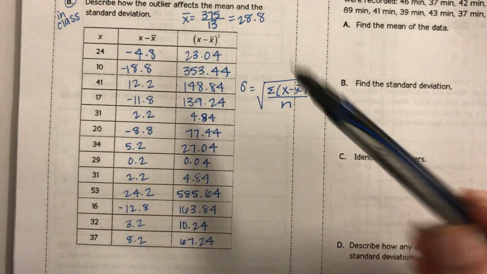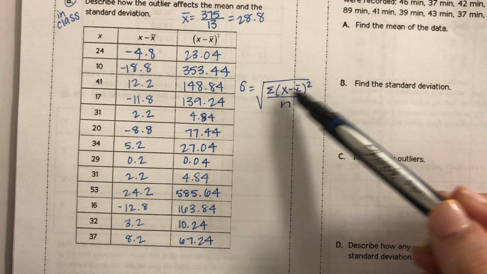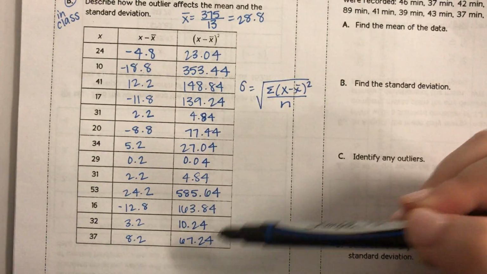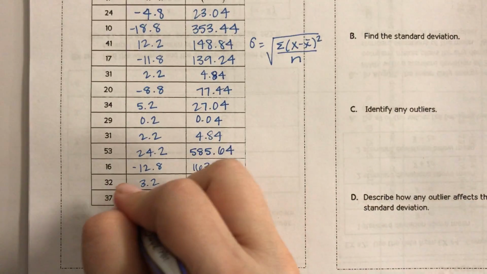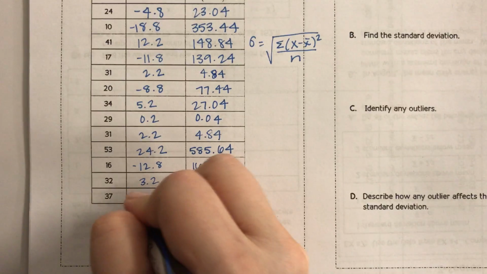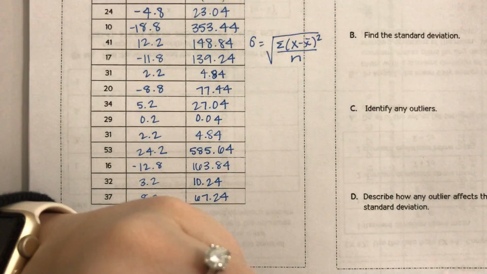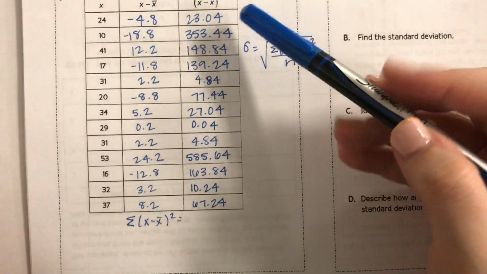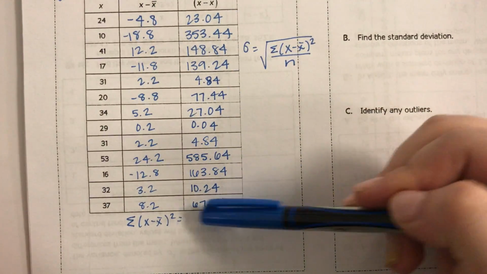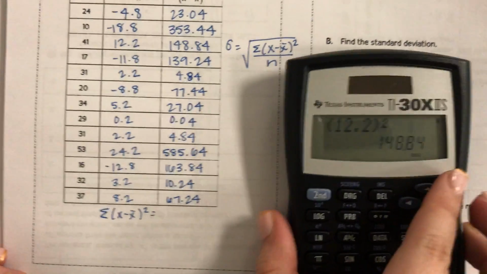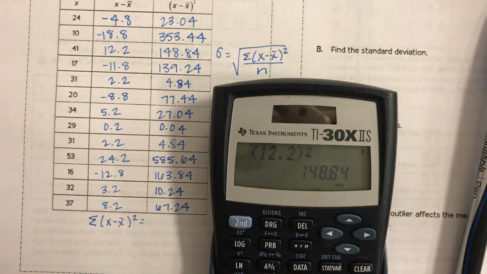That's this number. To get the sum of all those, I just have to add all these up. So I'm going to write down the sum of all of those differences squared. We're going to plug them in the calculator and add them up. Okay? So this is another exciting part.